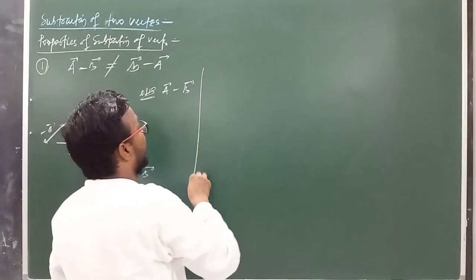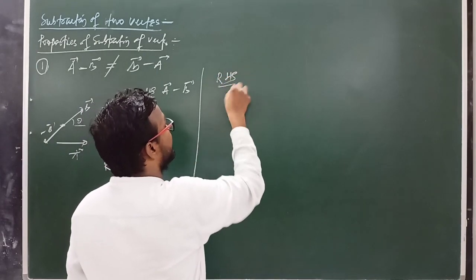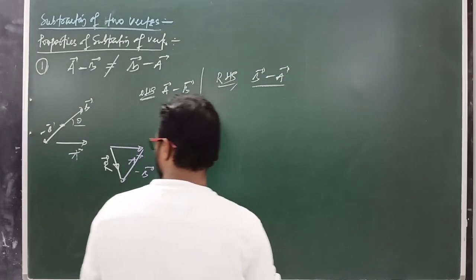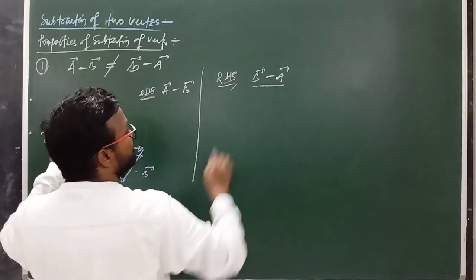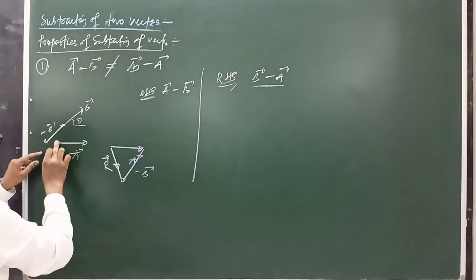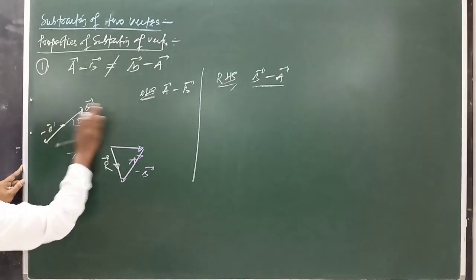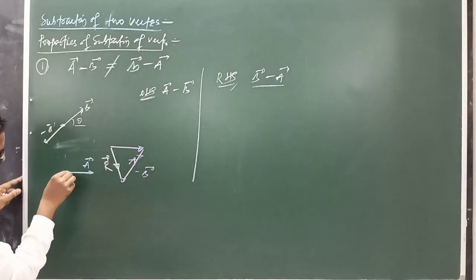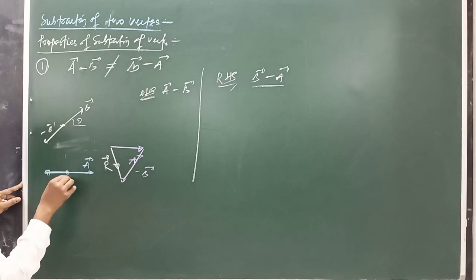Now come to the right hand side, RHS, B minus A. So here this is the B vector, B minus A, this is the A vector and its negative vector, minus A vector.